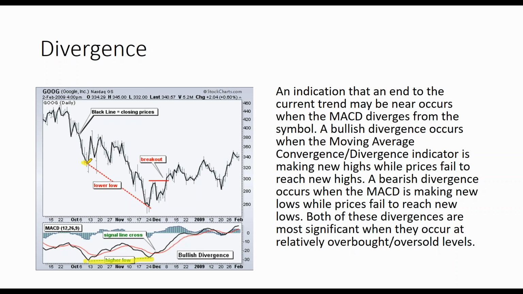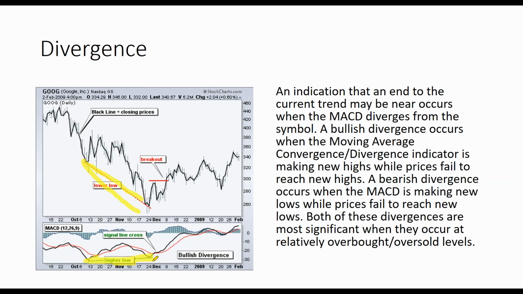But price, on the other hand, isn't climbing up. These two lines are diverging. See how the MACD line is on an up angle, and price is on a down angle. What is that telling us? It's telling us we have a divergence. So a bullish divergence occurs when the MACD indicator is making new highs while price fails to reach new highs.